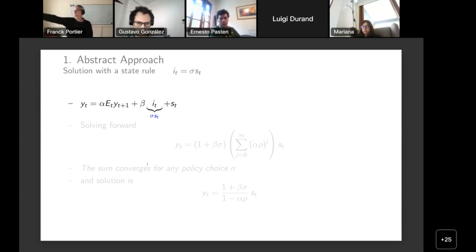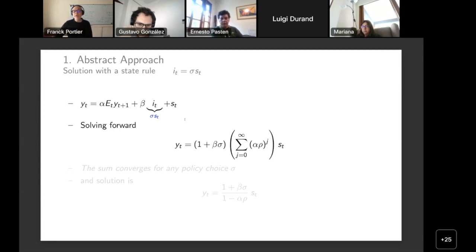I solve forward exactly in the same way, and I get this equation. You see that there's a difference compared to previously. Here, to have a determinate solution, I need alpha times rho to be smaller than 1 in modulus, and that doesn't depend on the policy parameter. Because it's not a feedback rule, the policy parameter doesn't impact the condition for determinacy.